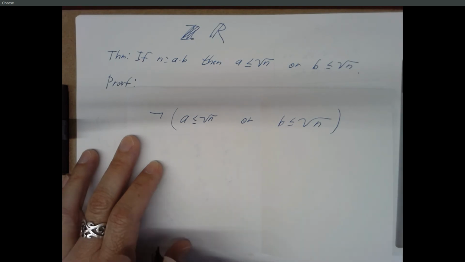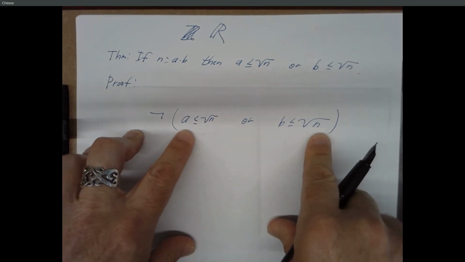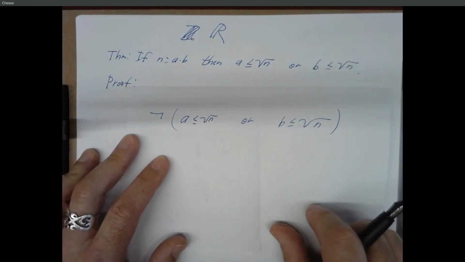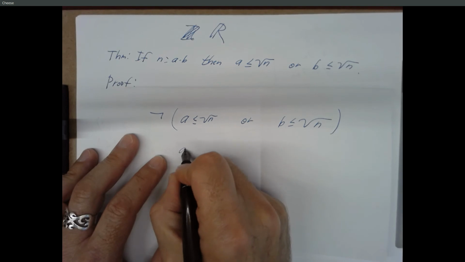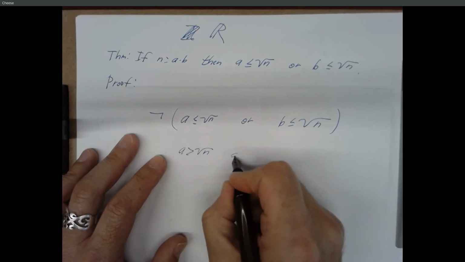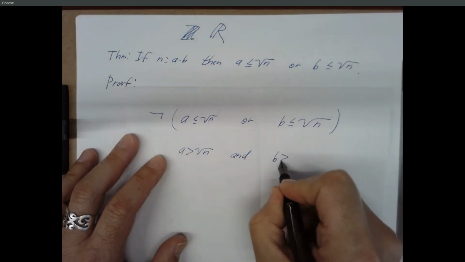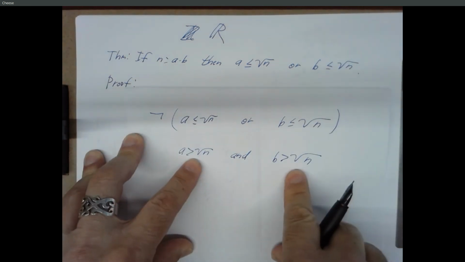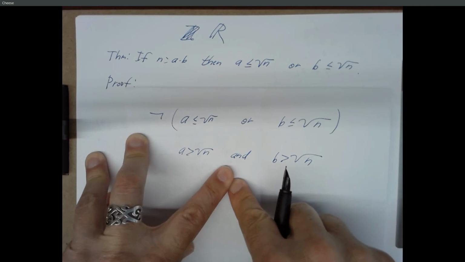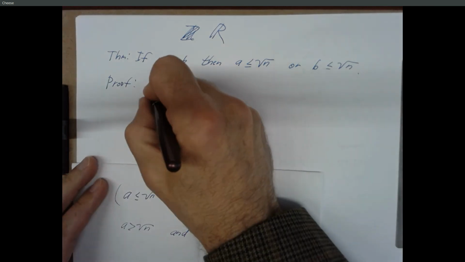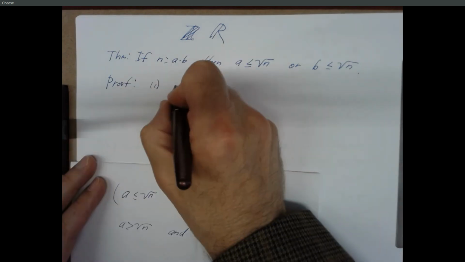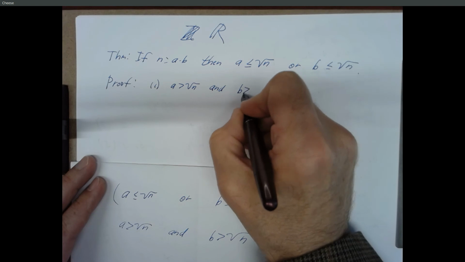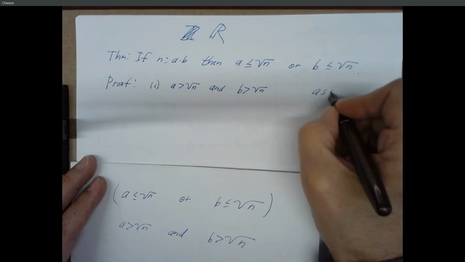So De Morgan's theorem, what's the negation of this original proposition? How would we write that out? And, perfect. Right? So the negation of this or is the negation of each term anded together. So our first step of the proof is going to be an assumption: a is bigger than square root n and b is bigger than square root n. And that's an assumption.